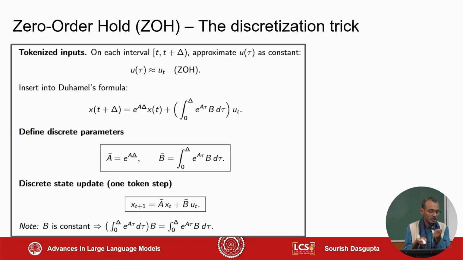And then we get this particular update form, which is x_{t+1} = Ā x_t + B̄ u_t, right? That comes straight from Duhamel's formula, but we just make that assumption of zero order hold and we get this. Okay.